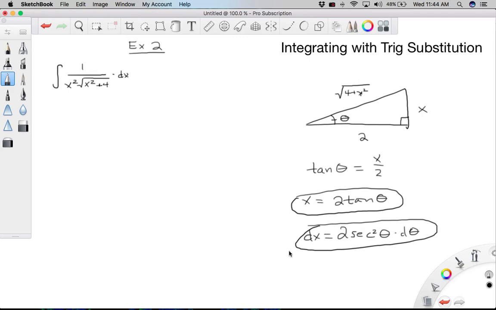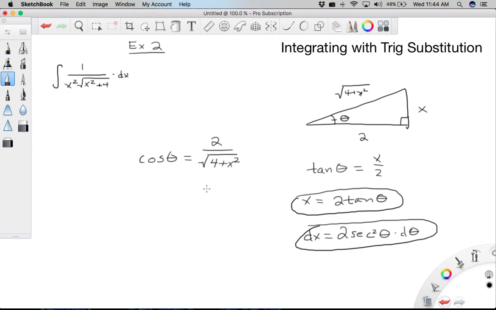1 over square root x squared plus 4. Well, I think the best we could do is probably the cosine. So cosine of theta is equal to adjacent over hypotenuse, so that's going to be 2 over square root of 4 plus x squared.